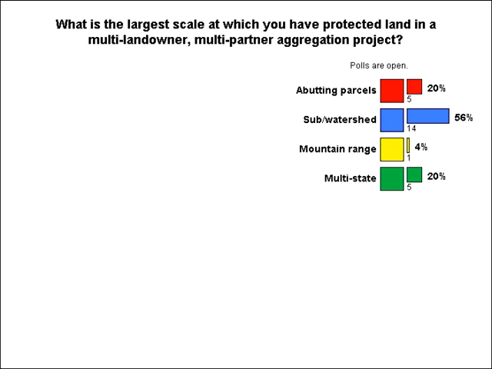We don't have a lot of mountain range-sized projects, only one, I think, in this audience. A number of multi-state projects, which is interesting too, but I think that the experience in this landscape scale conservation realm is certainly young and growing, and so this is a result that we might well expect.